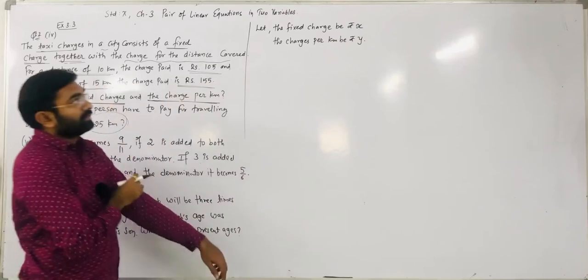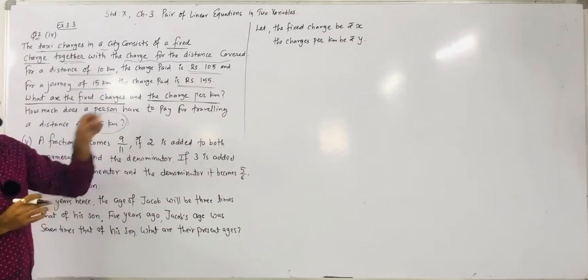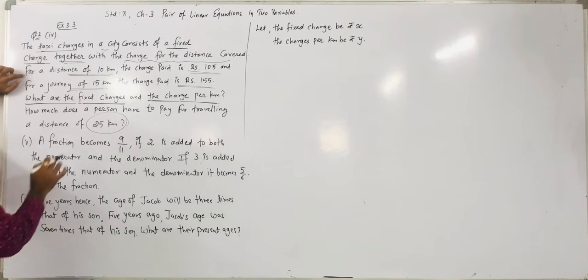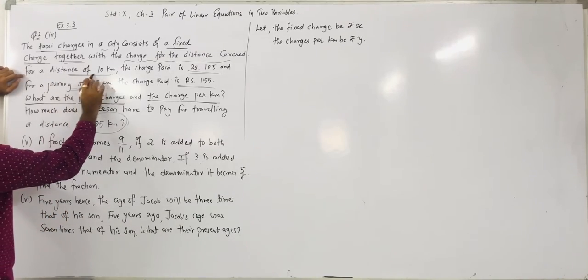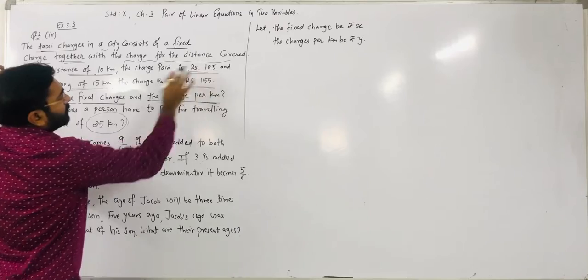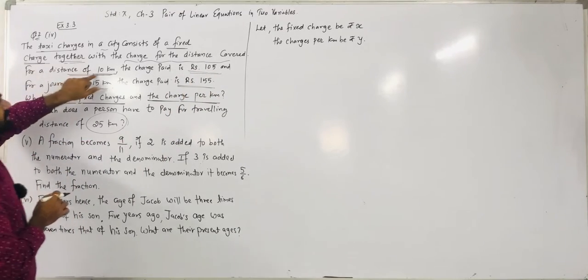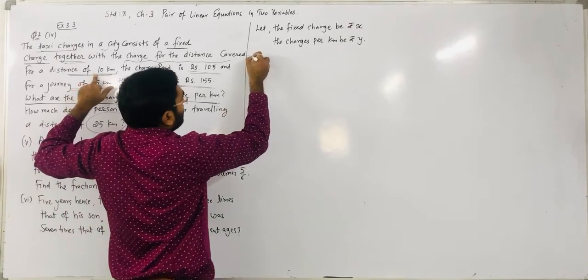So the fixed charge is x and the charge per kilometer is y rupees. Now observe the question. If you journey 10 kilometers, how many rupees do we have to pay? 105 rupees, right? So from that we can make one equation.